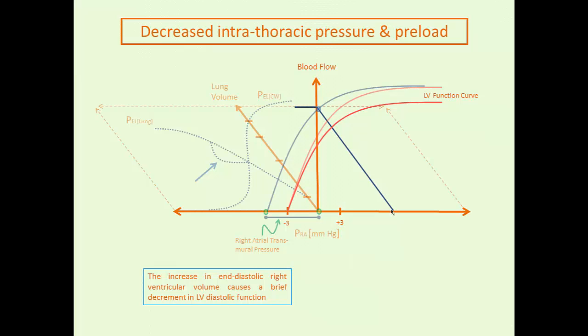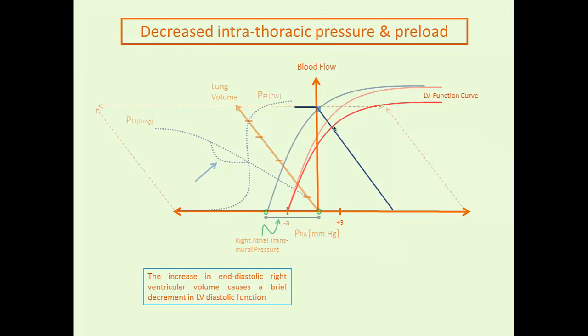Again, if this is pulmonary venous return and this is your LV function curve, you would tend to increase the filling pressure of the LV, and you may temporarily or briefly decrease LV output.